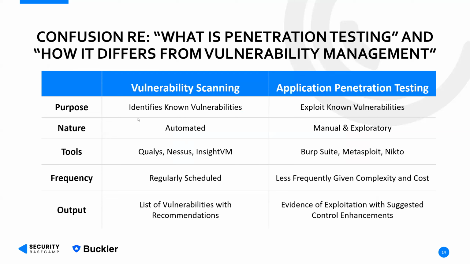Here's a slide that points out the differences. With vulnerability scanning, we assess known vulnerabilities. An example might be that my web server, or a third party's web server, does not have the most up-to-date version of Apache.